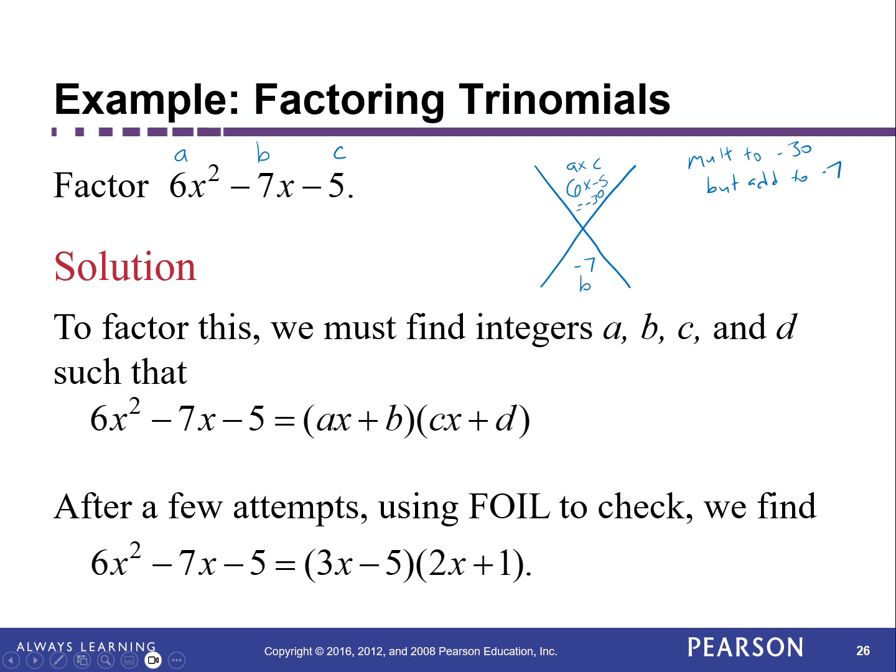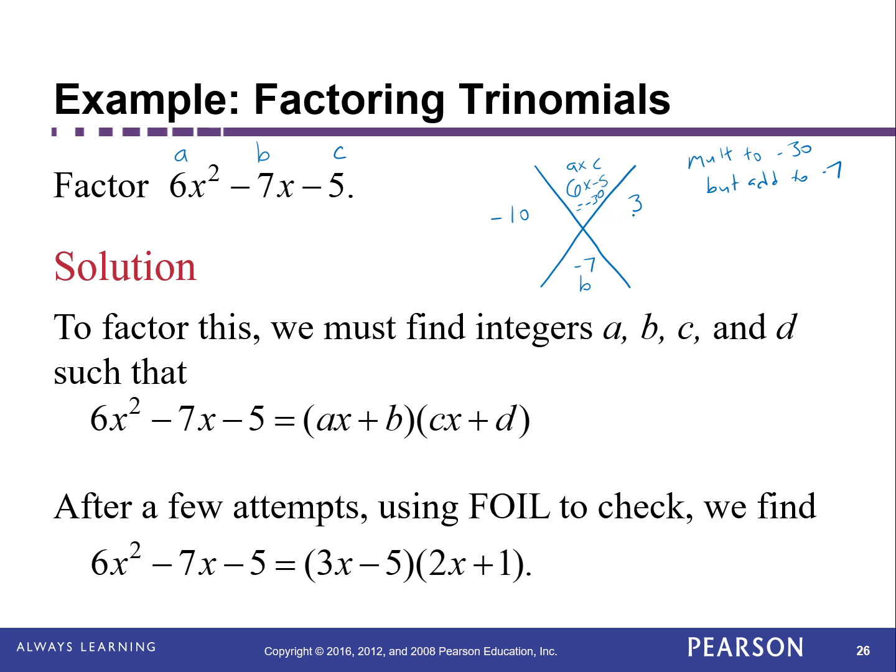You've got 30 and 1, you've got 15 and 2, those don't work. You've got 6 and 7, or 6 and 5. That's not going to give you a 7. But how about a 3 and a 10? So if I do negative 10 and positive 3, that should work.